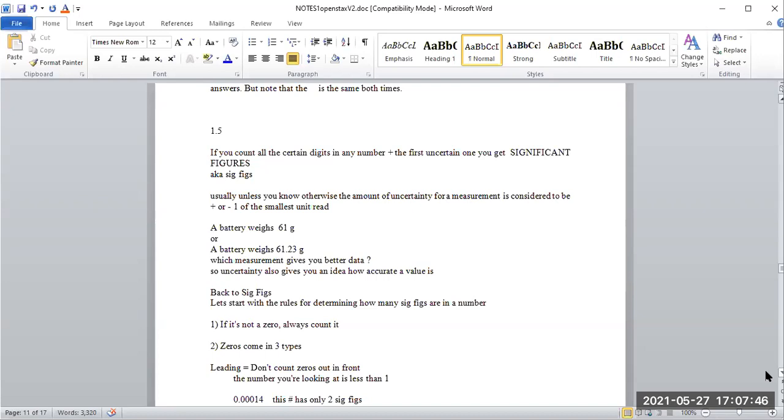And twice a year, the accrediting body that gave us our licensure would send us a sample set to analyze. And we would spend about 3 or 4 days doing the analysis and making sure we were reporting all of our values to exactly and precisely the correct number of sig figs given our instrumentation.